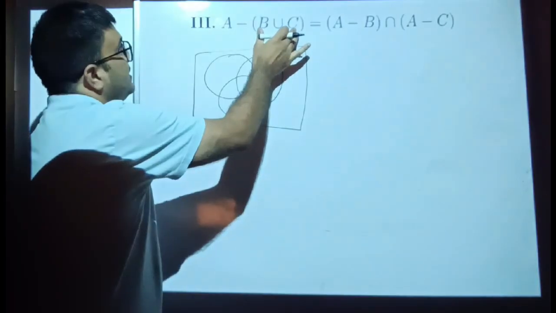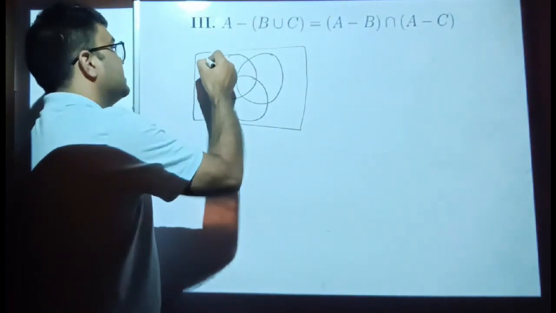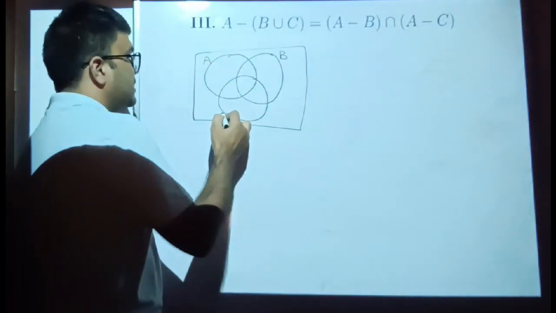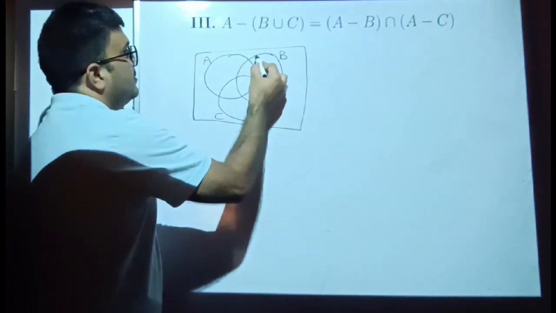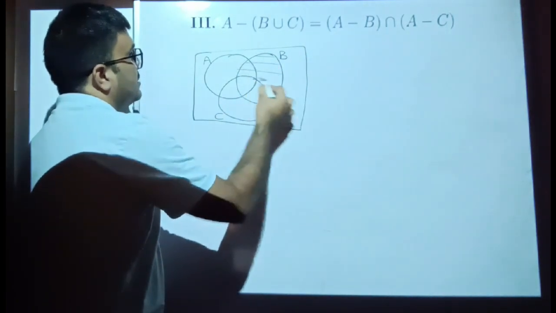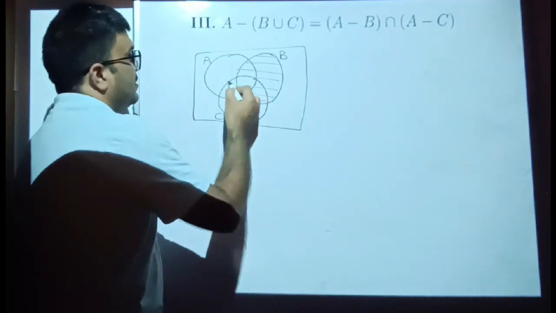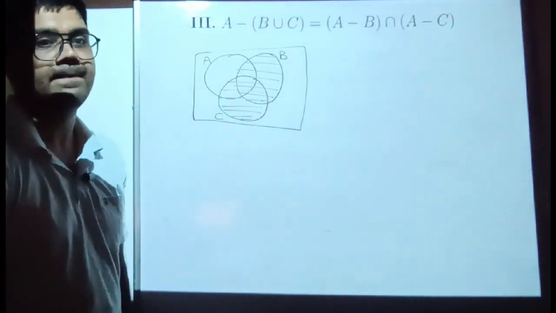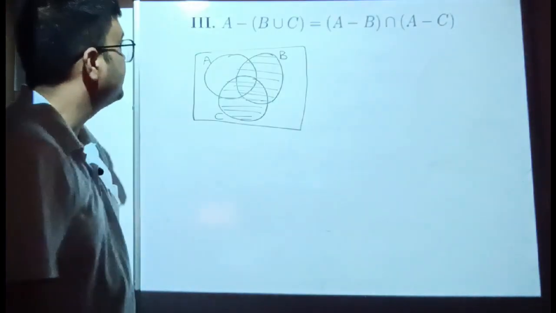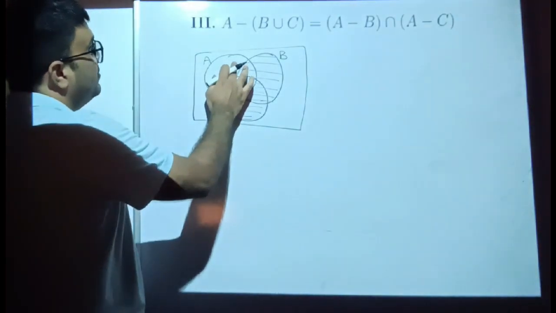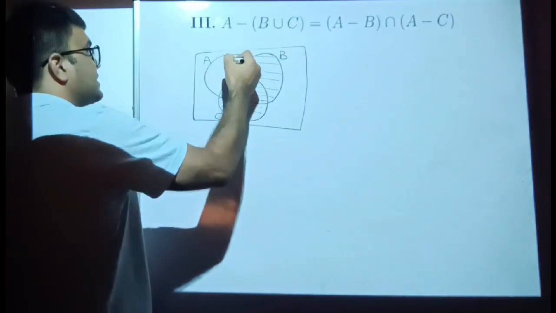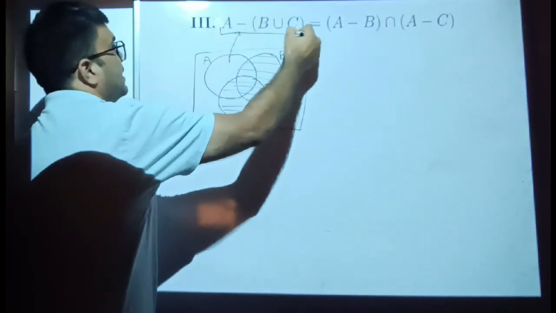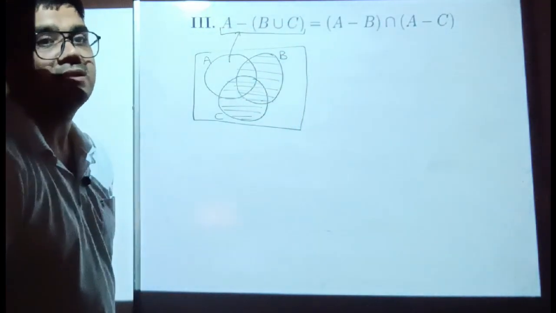When we are saying B union C, these are the sets A, B, C. B union C means all the elements of B and all the elements of C, and we have removed this portion from A, so we are left with this region. This is the region A minus B union C.